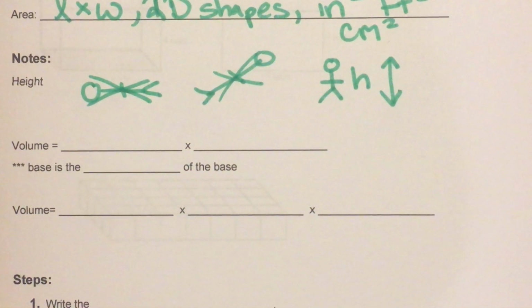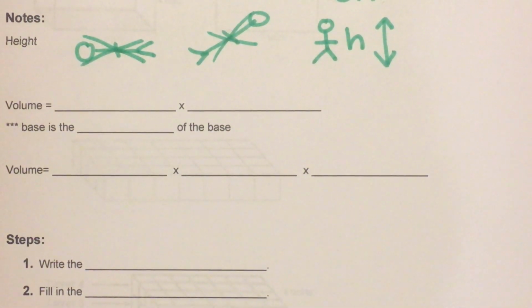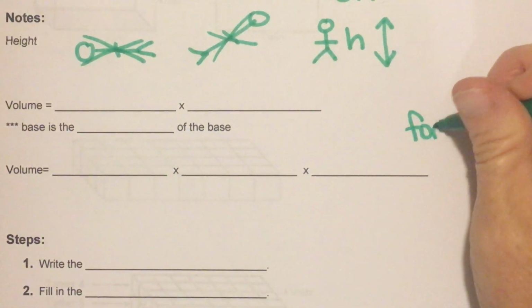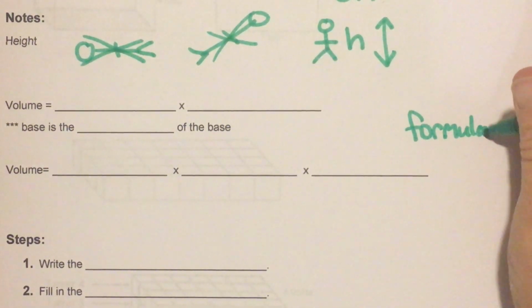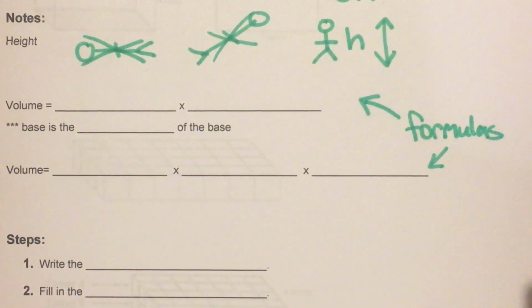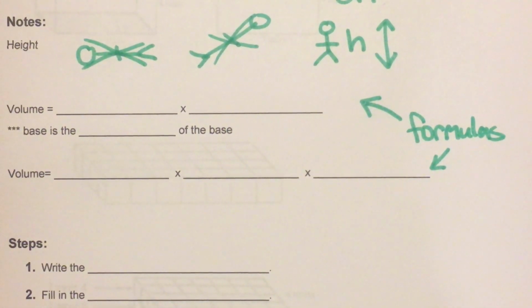For volume, we're going to be focusing on two formulas. I'm going to write the word formula and point. In math, formulas just mean rules you follow. So this isn't my shortcut or my trick or something I made up.